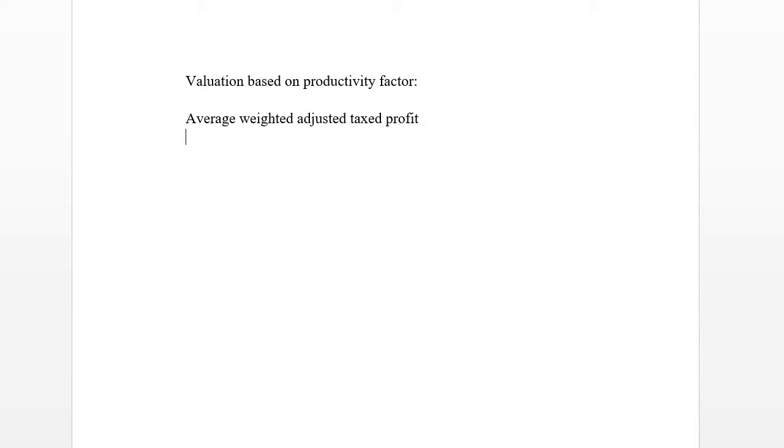Then another one is average weighted net worth, average weighted net worth.